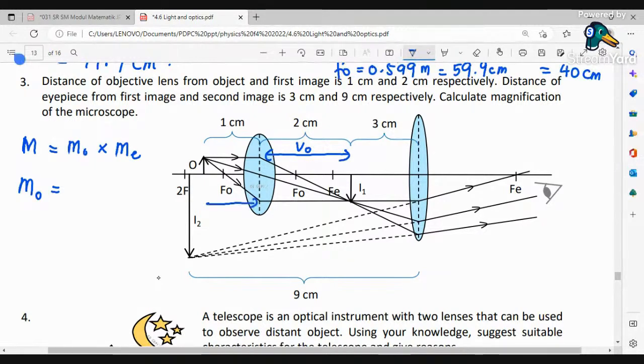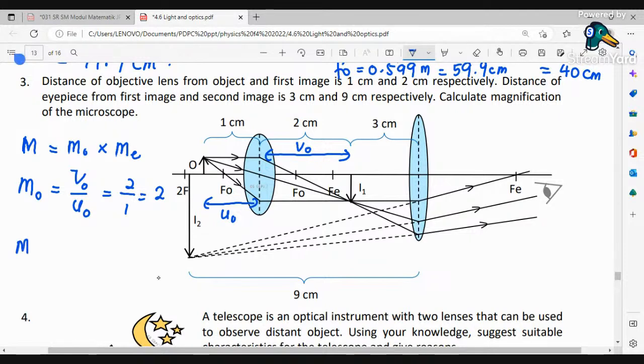Ini untuk object distance untuk objektif. So kita ambil objektifnya saja ya. VO over UO. So dapat 2 over 1, 2. So you dapat magnification for objective ialah 2.